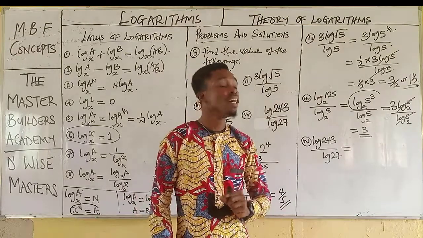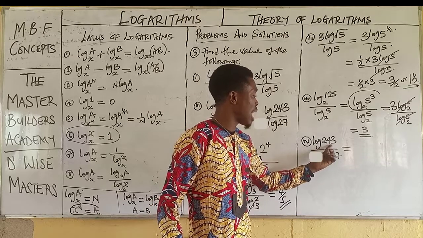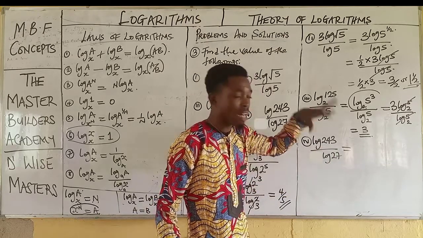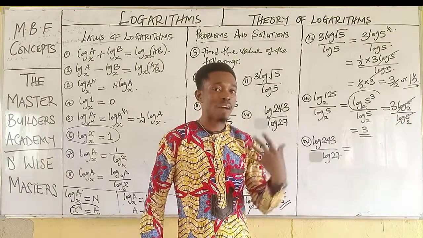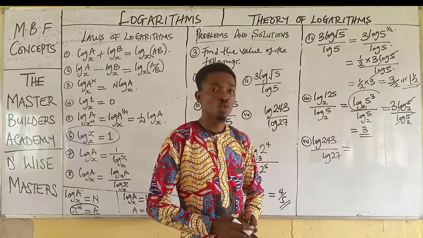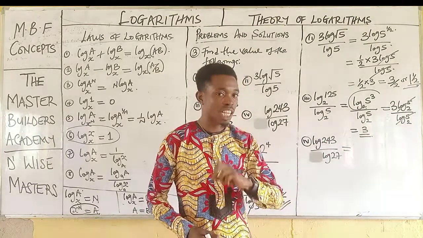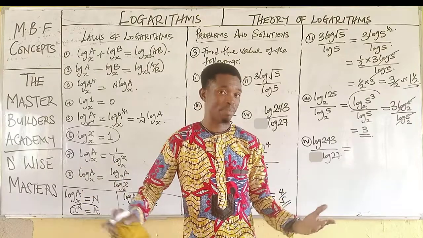Number 1. The number 2 is, how can I reduce this guy and equally reduce this guy to have a common log? To have this done, I will just find a way to reduce 243. And we know that 243 is not divisible by 2 if, for instance, we want to use the LCM table.